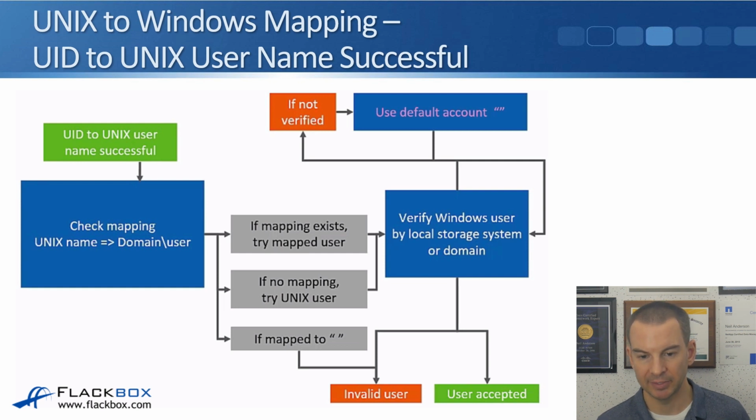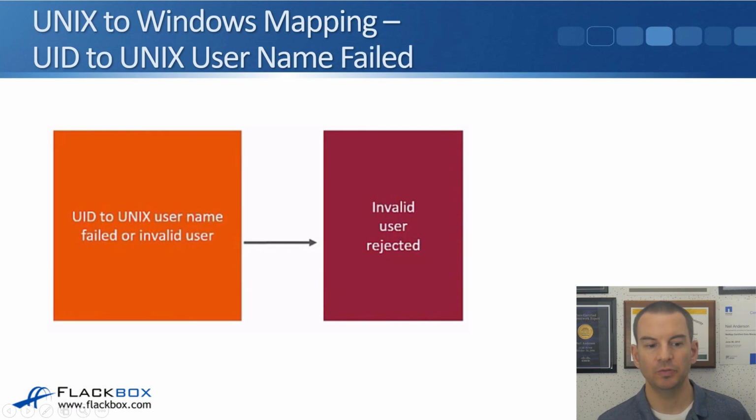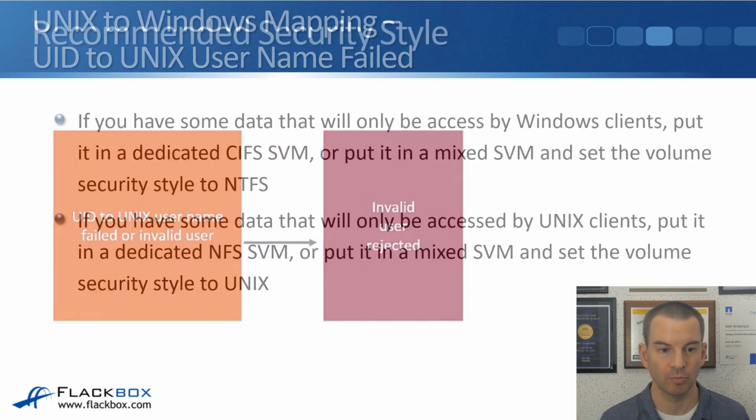And then come back down here again, and at this stage, is that default Unix account allowed access to the file or folder by the Unix permissions or not? If the UID to Unix username failed or invalid user, very simple, the invalid user will be rejected. Okay, so that was how the mappings work.